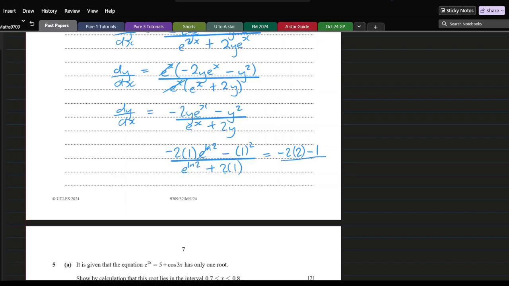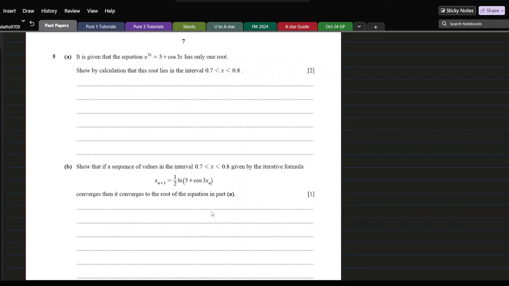Over our denominator, e and ln cancel out here, so you've got 2 plus 2. This leads to negative 4 minus 1, so negative 5, over 2 plus 2, which is 4. So we can conclude that the gradient dy/dx is equal to negative 5 over 4, and that's our final answer.